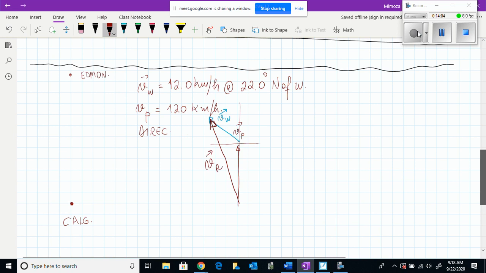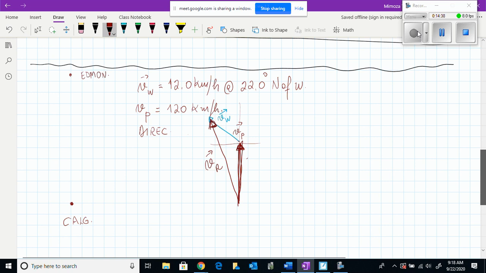So if this is the velocity of the plane, and you know that Calgary is straight south of Edmonton, you are heading north, the effect of the wind will make you end up not in Edmonton, but in another city. Therefore, you have to adjust the direction of the plane to take into consideration the velocity of the wind.